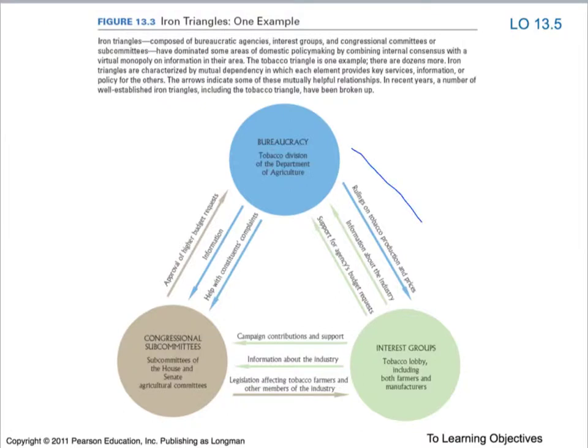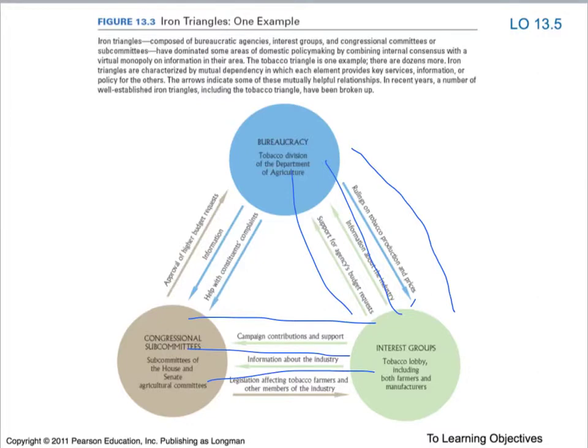So the bureaucracy, the rulings on tobacco production and prices come from the bureaucracy to the interest groups, but then the interest group give them information and they give them support for budget requests. So they say, we'll fight for you. The interest groups over here are working with the subcommittees, back and forth. Then over here for the subcommittees, they're working with the bureaucracy and funding it. And so what you end up with is a very tight iron triangle.